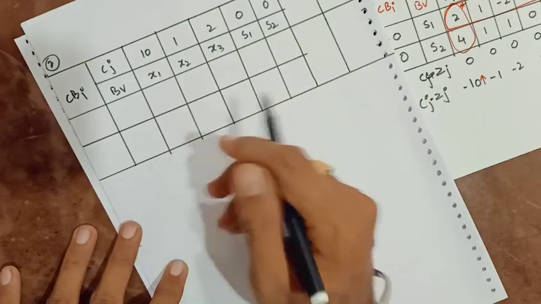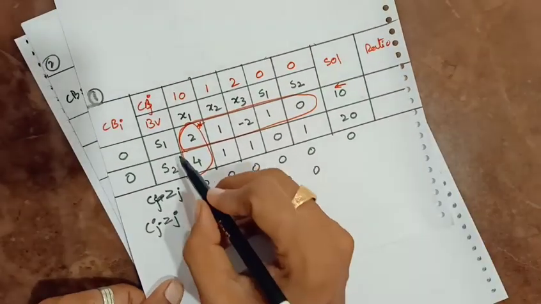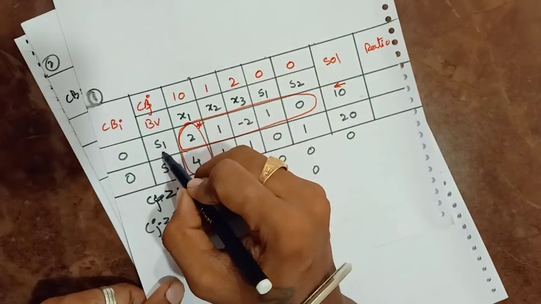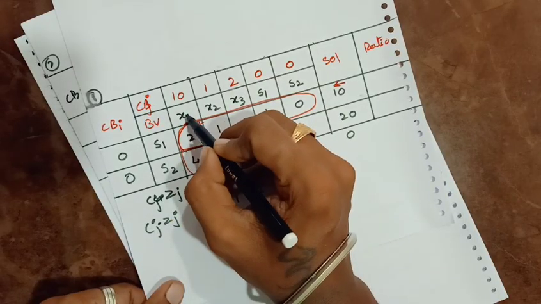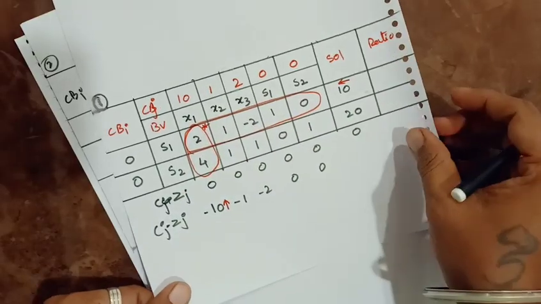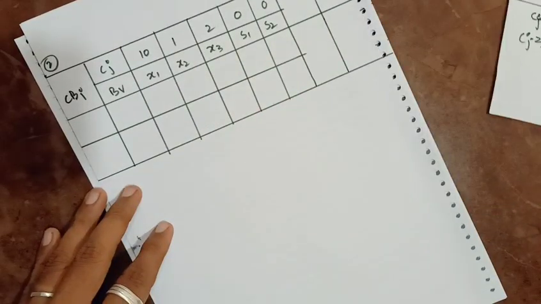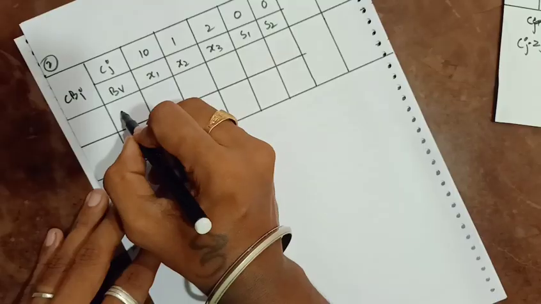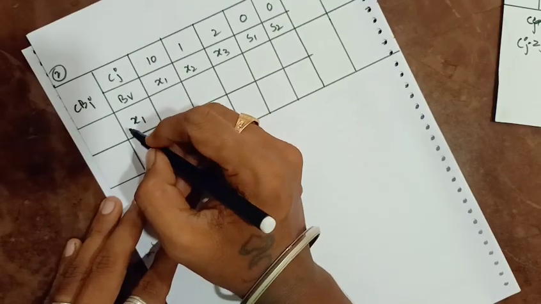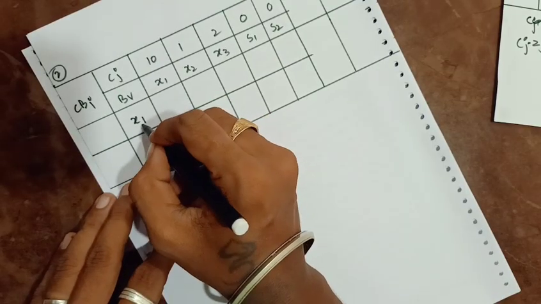And here see, as I told you, s1 is leaving variable and x1 is entering variable. So in the iteration table 2, x1 is entering and s1 is leaving.